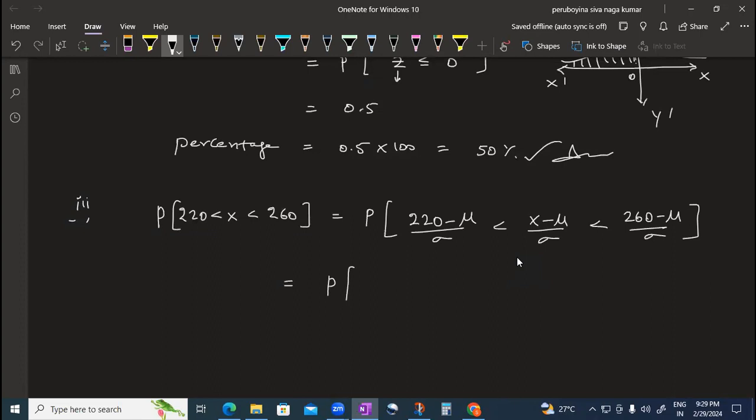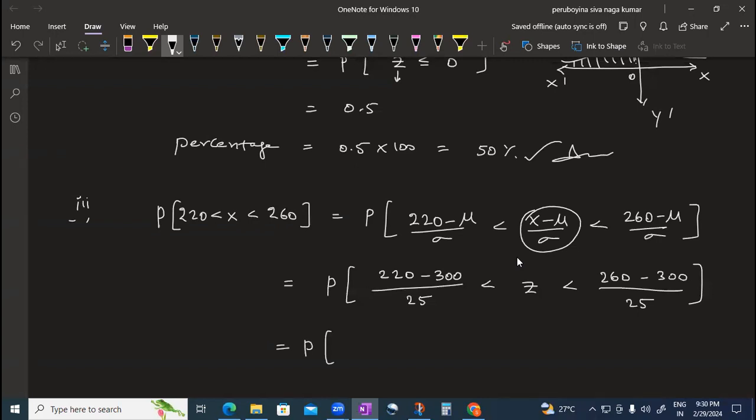That equals probability of, we know that mu value is 300, so we replace mu with 300 and sigma with 25. And this is x minus mu by sigma, Z, less than 260 minus 300 divided by sigma. Sigma means 25.